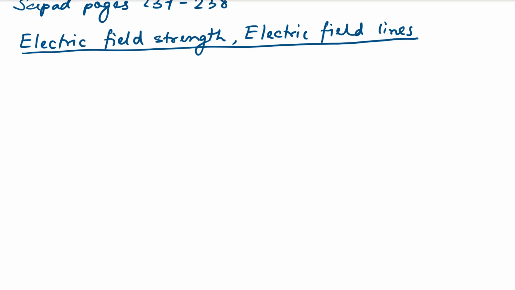So if you have charged particles or charged objects, then it sets up an electric field around it. So let's say we have a positively charged particle and it's a spherical particle, and we can call it a point charge because it's small, and it has got positive charges on it.